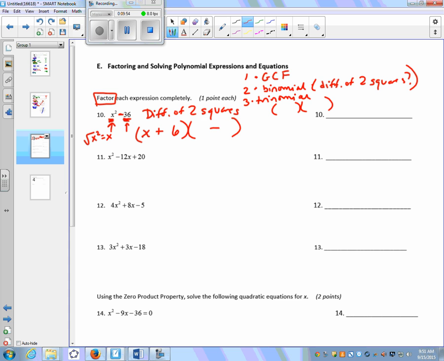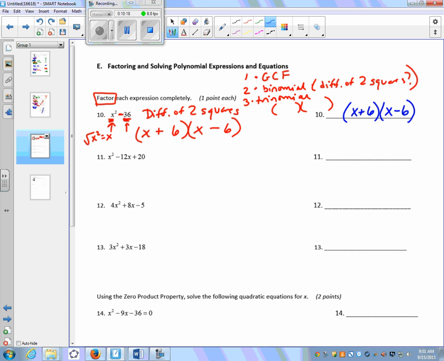Square root of 36 is 6. So you're going to have x plus 6, x minus 6 as your final answer. Like I said, we're not solving for x. You shouldn't have x equals something here. The factored form is x plus 6, x minus 6. That's your final answer.